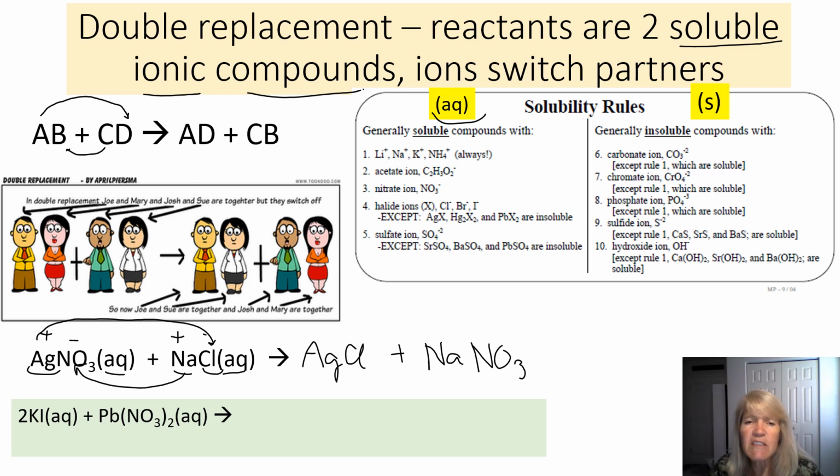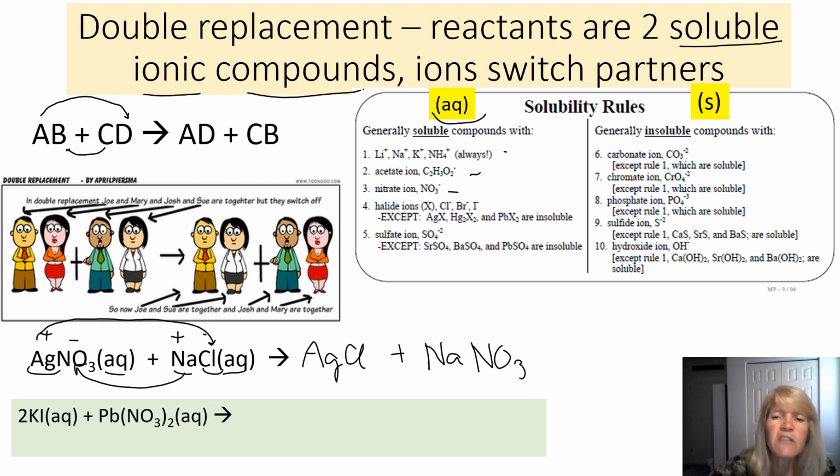So generally soluble: lithium, sodium, potassium, ammonium. If you have those in a compound, it's going to be soluble. Now that's the only rule we have with cations. The rest of them are about the anions. So those cations are always soluble. We have two anions that are always soluble: acetate and nitrate.